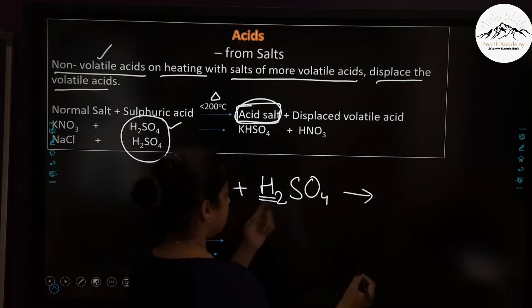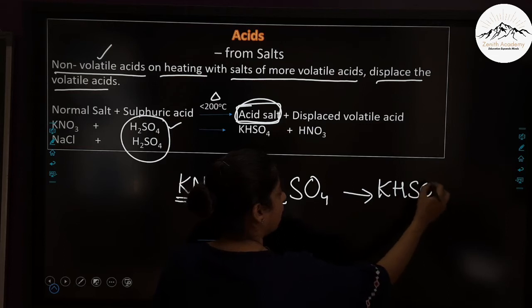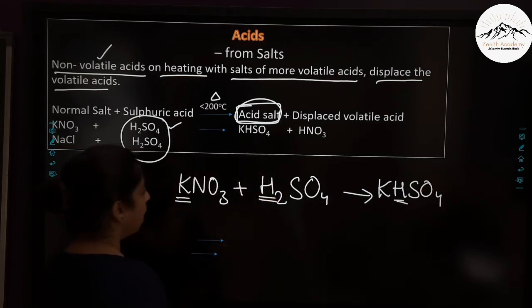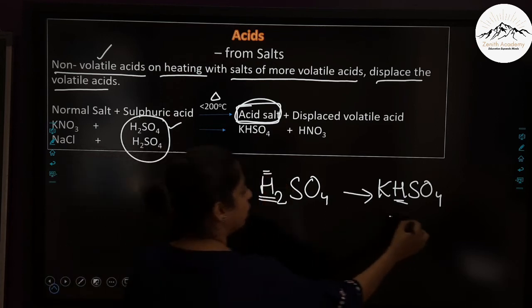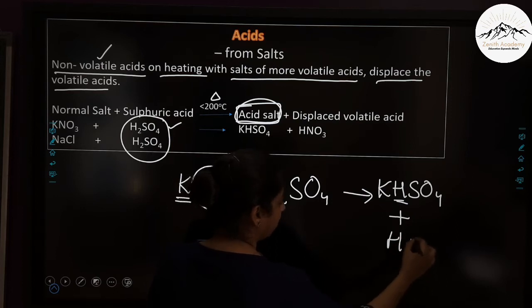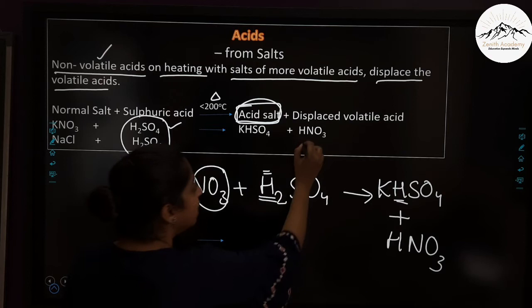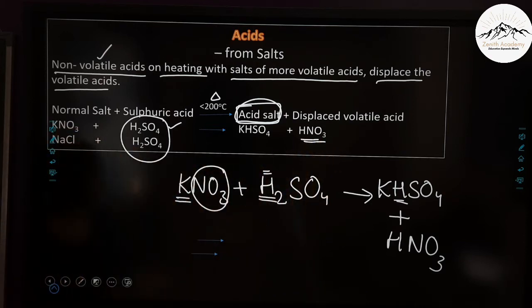So if it replaces only one hydrogen, it will form KHSO4, right? This is an acid salt because it has one hydrogen. And now what is remaining? This and one hydrogen. So it will form HNO3, which is a volatile acid, the displaced volatile acid. And this was the acid which had formed this salt, KNO3. Right? Hope you have understood.